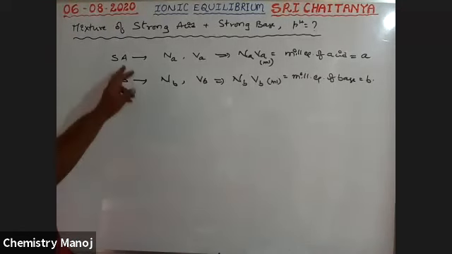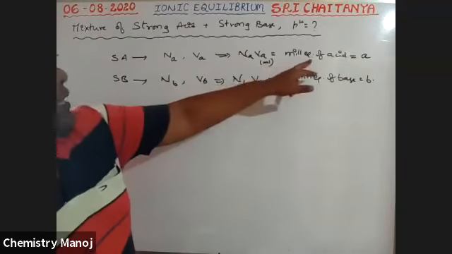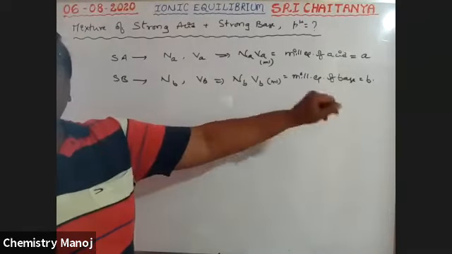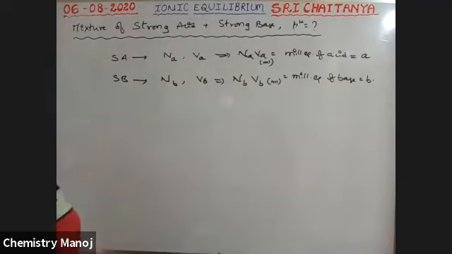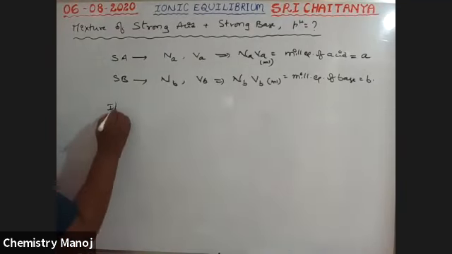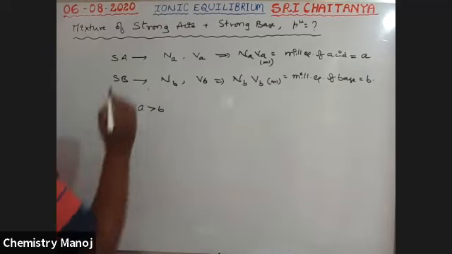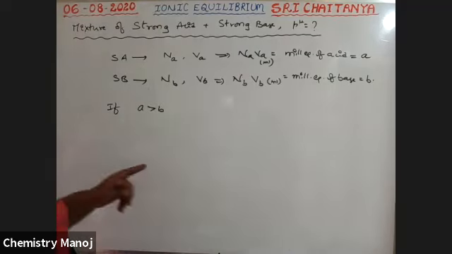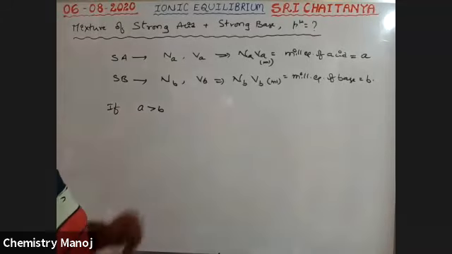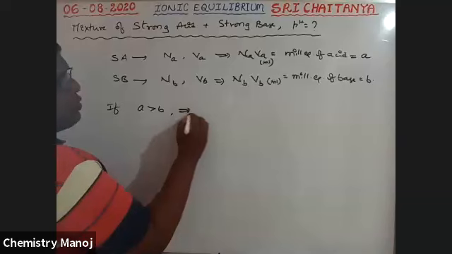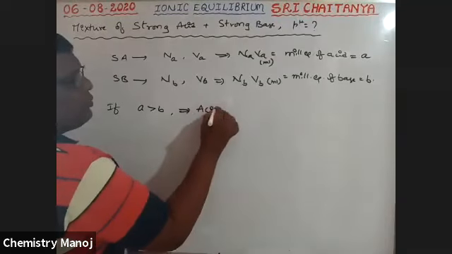Okay. So NaVa is the milli equivalents of acid, that is A. NbVb is the milli equivalents of base, that is B. If A is greater than B, that is milli equivalents of acid is greater than milli equivalents of base, the solution is acidic.